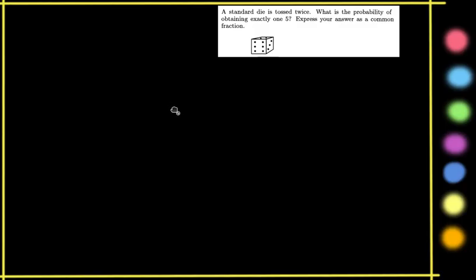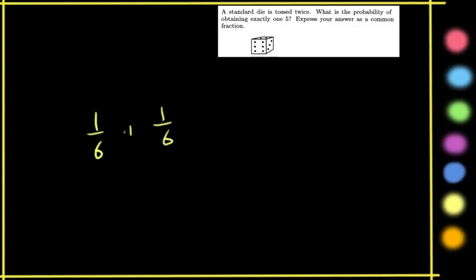So here, I think it's important that we think about mutually exclusive events. So we talked about how if two events are mutually exclusive, then you can add the probabilities. So for example, you might be tempted to think, oh, well, there's a 1/6 chance that the first die roll is going to be a 5, and then there's a 1/6 chance that the second die roll is going to be a 5.